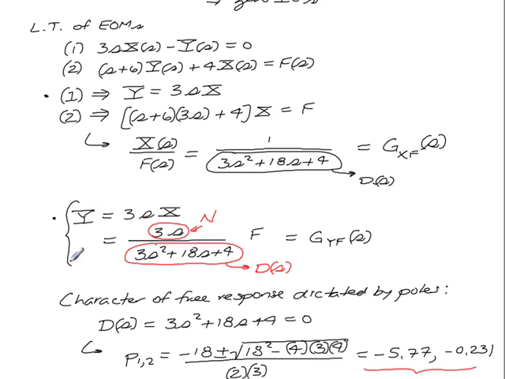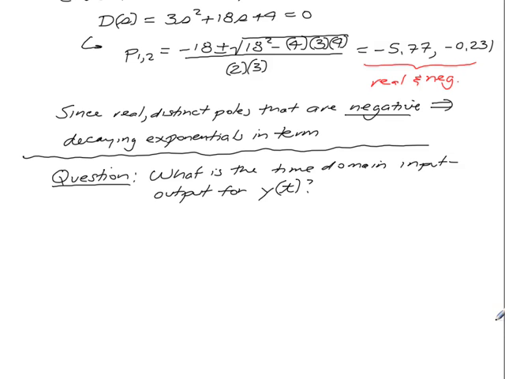I'm going to write that down again, but what I'm going to do is pull the denominator d back over here on the left hand side, and what I will get from that will be 3s squared plus 18s plus 4 times y of s, and that was equal to 3s times f of s.